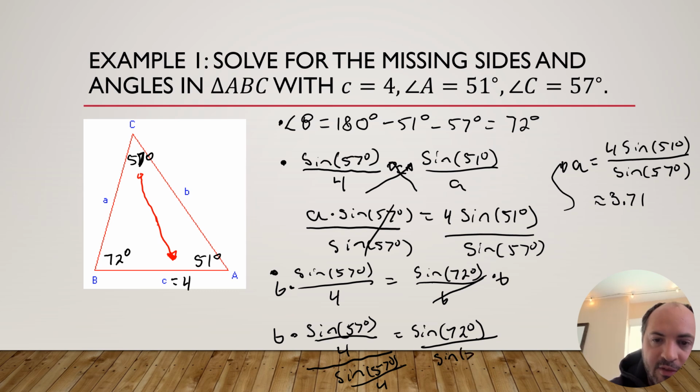So that division will undo our multiplication. So now I'm just going to end up with B is equal to sine of 72 degrees, all divided by sine of 57 degrees divided by 4.